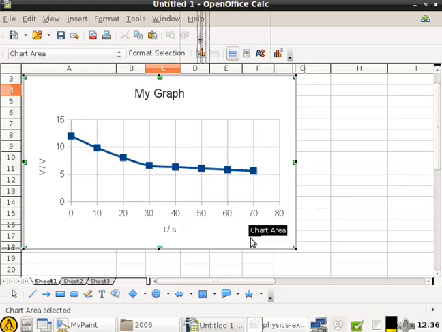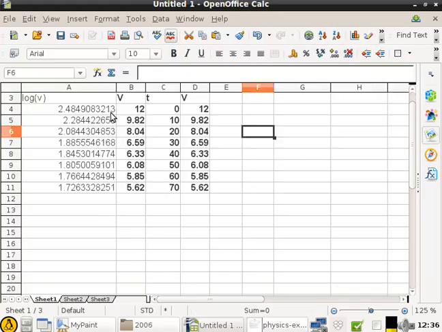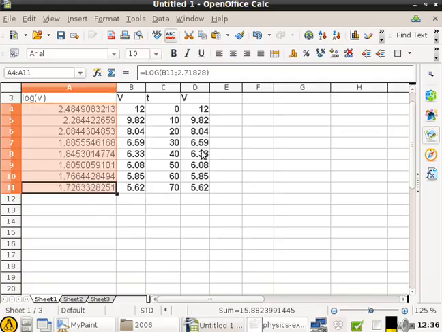So I'll just redo this graph with log V. I suspect that's what they want. I'll check the marking scheme, okay? So if I just do this one again, but with log V. After all, why did they bother to ask us to calculate log V if we weren't going to use it in the graph? Okay, so let me just take my values here instead.